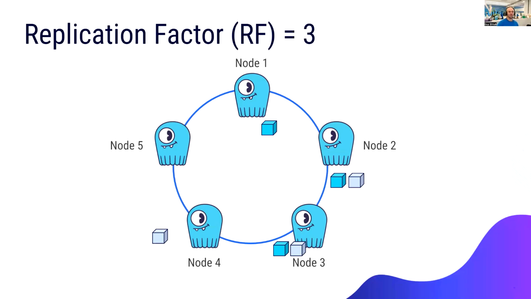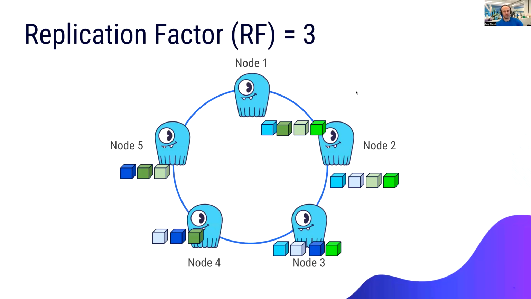It's replicated to 3 nodes, node 1, node 2, and node 3, and so on. Each data is replicated to 3 different nodes. Okay, if the replication factor was defined as 4, then it would be replicated to 4 nodes. Okay, this is something that's set by the user according to your specific needs.